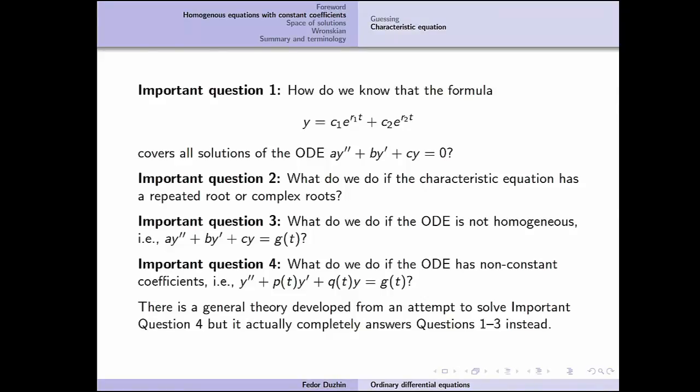So in today's lecture, we are going to introduce a general theory that is supposed to answer the fourth question, but at least today, we are going to fully answer question 1, and later we are going to fully answer questions 2 and 3.